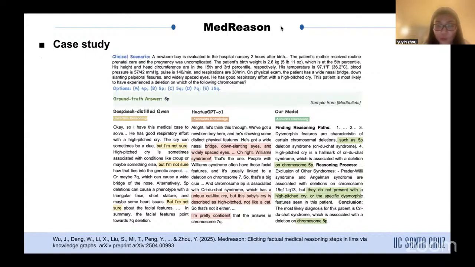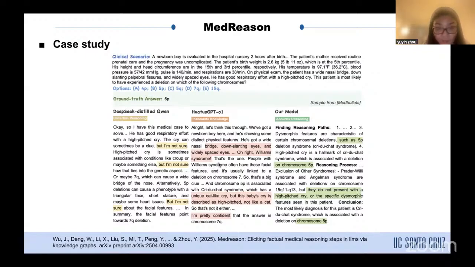And finally, we want to show a case study here. As we can see, by using the knowledge graph as grounding to generate more reliable COT, our fine-tuned model can actually induce more accurate reasoning. For example, compared to the previous reasoning process generated by the HuatuoGPT-o1 paper, it contains a lot of inaccurate knowledge, like a bridge down slanting eyes, for instance.